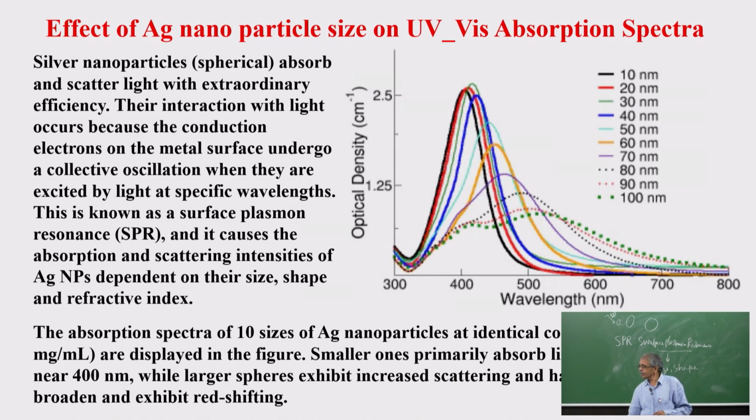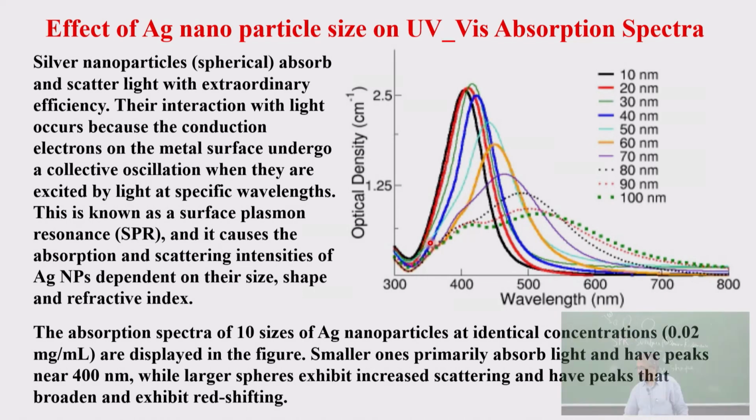They're not exactly 100 nanometer for 100% of the particles. Some of the particles may have a few other sizes also, because when you prepare in bulk you have those things. So that's what you are seeing. It has at least two distinct levels of particle sizes here.